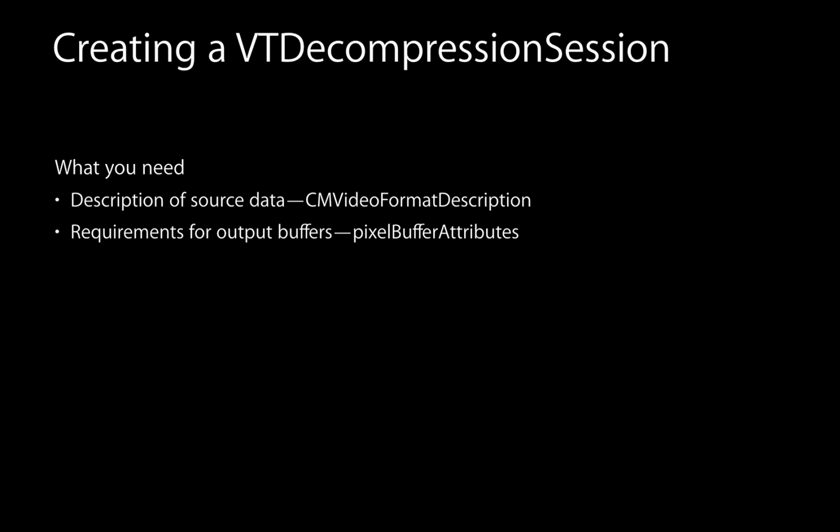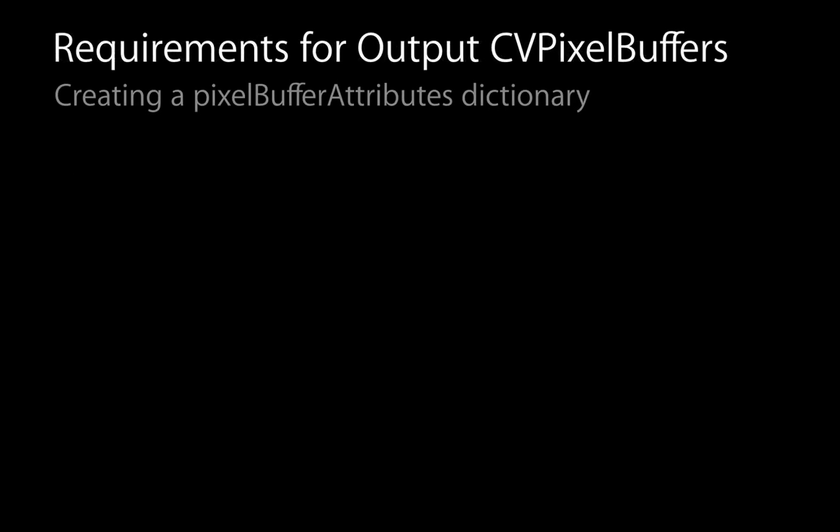Next, you need to describe your requirements for your output pixel buffers. Use a pixel buffer attributes dictionary for this. And finally, you need to implement a VT decompression output callback. All right, let's talk about describing your requirements for the output pixel buffers. Here you need to create a pixel buffer attributes dictionary.